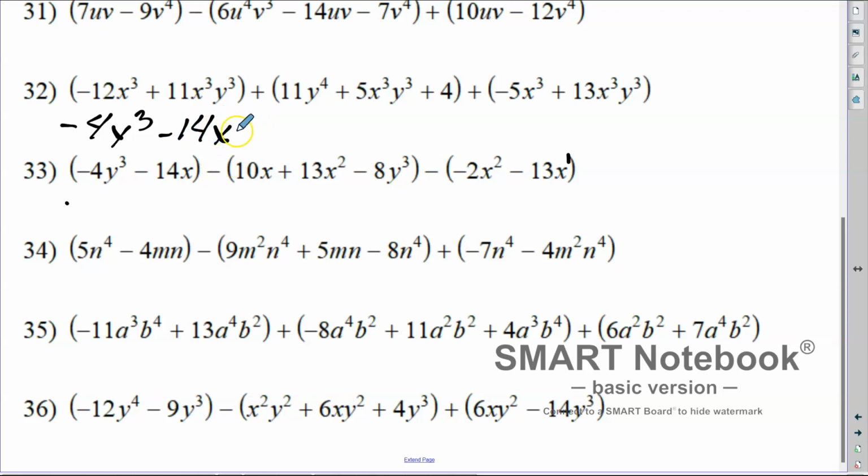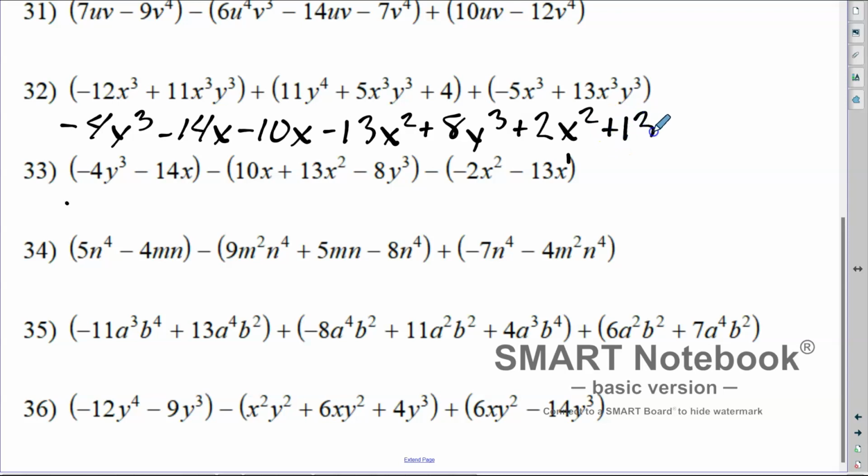Here I've got a minus 10x, minus 13x squared, minus 8y cubed, minus plus 2x squared, minus plus 13x. I'm being loud about it because allowing some of these minuses to sneak past you will make for simple mistakes, so be careful.